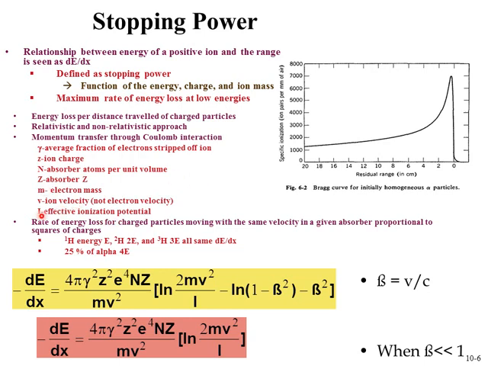Then we also have this effective ionization potential. This term is shown here in the equation. Fundamentally, we can utilize these equations to determine the change in energy with distance in the material, and using this we can get an idea of how far a particle of a certain energy can travel through material.